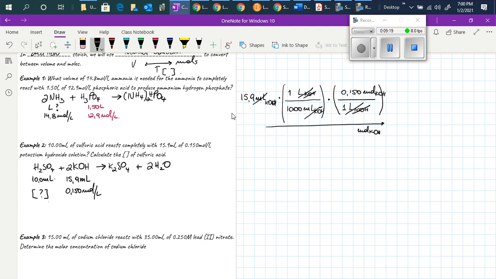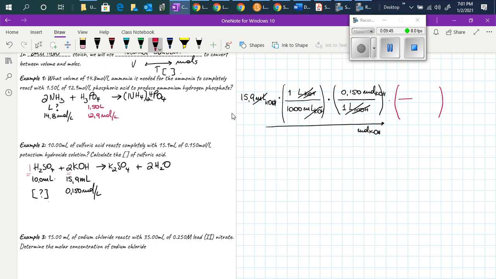As soon as we see moles, we always move to the unknown using the molar ratio. So now let's use the molar ratio. We have 2 moles of potassium hydroxide reacting with 1 mole of sulfuric acid.